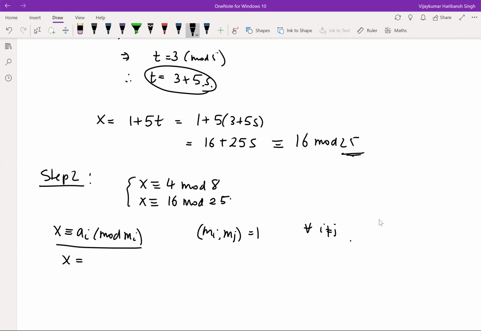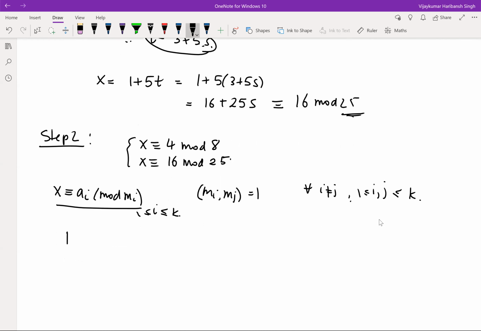Let's say there are k of these, and i and j are between 1 and k. Then the solution was given by the following.